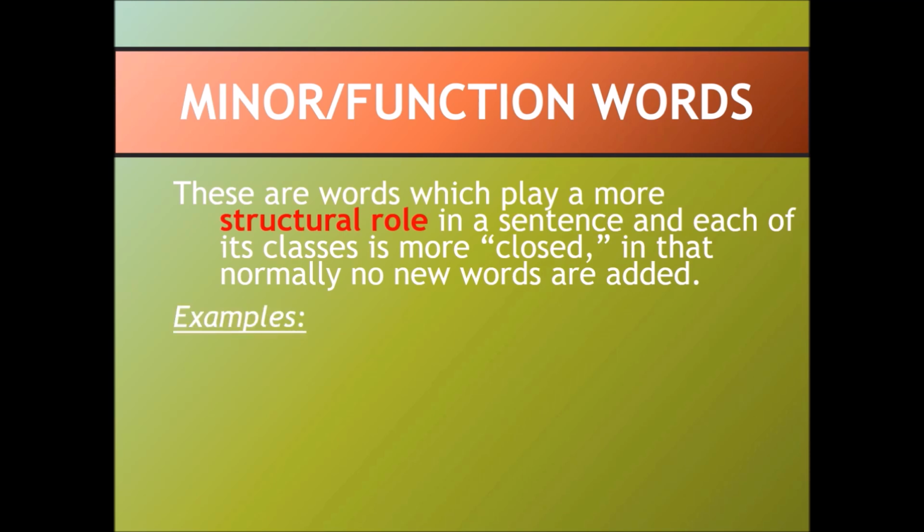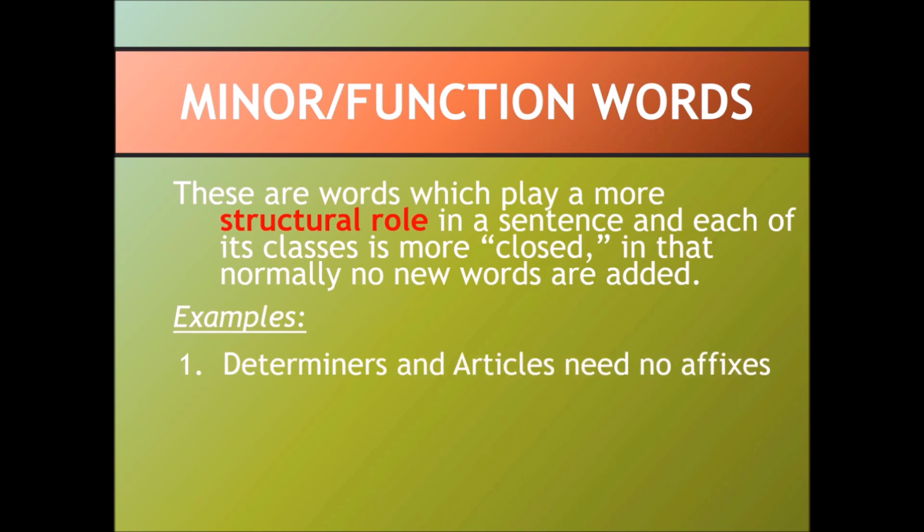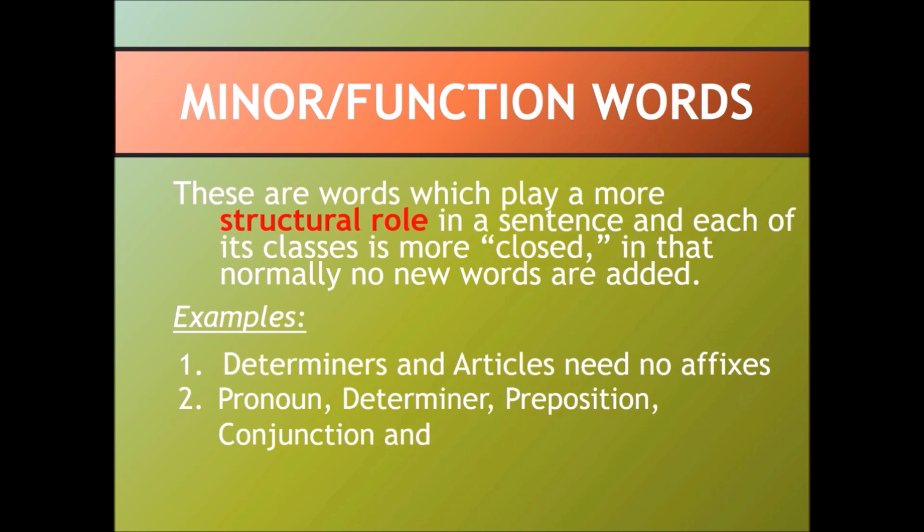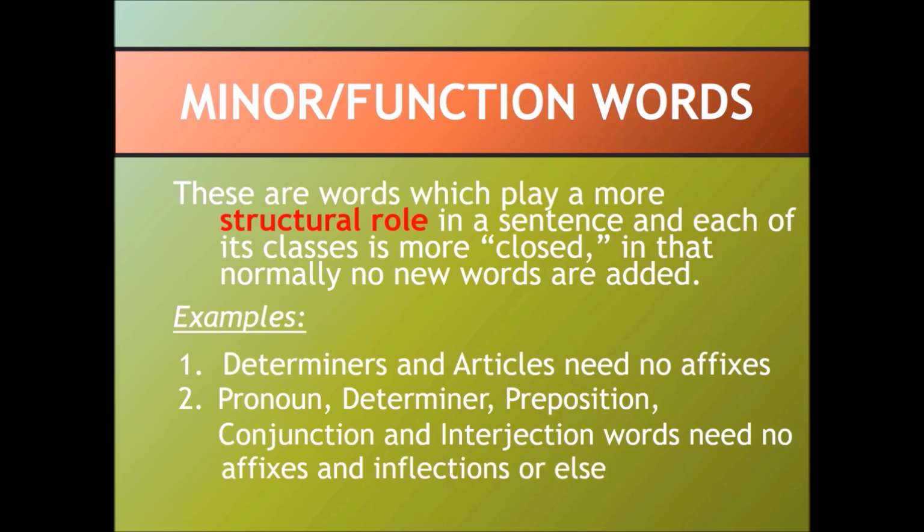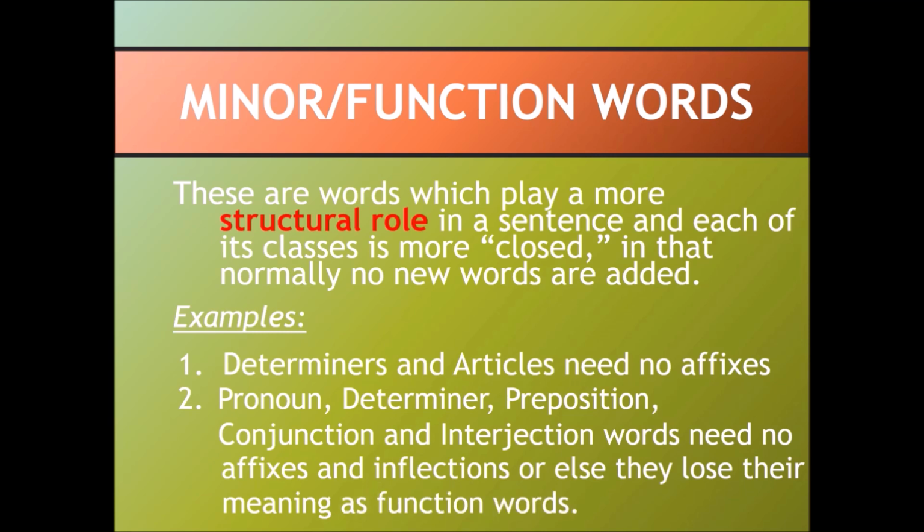Examples: determiners and articles need no affixes. Second one, pronoun, determiner, preposition, conjunction, and interjection words need no affixes and inflections, or else they lose their meaning as function words. You see?